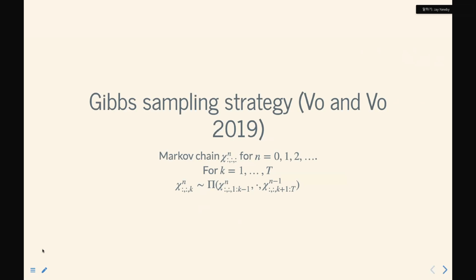We start over again and sample and sample and sample. Moving through the entire time series is one step of a Markov chain. Then we take many steps, and you can show that these will converge to samples from the stationary distribution we want, right? We're not finding the optimum, but we are sampling, and that's what we want to do anyway. So does this work? No, of course not.